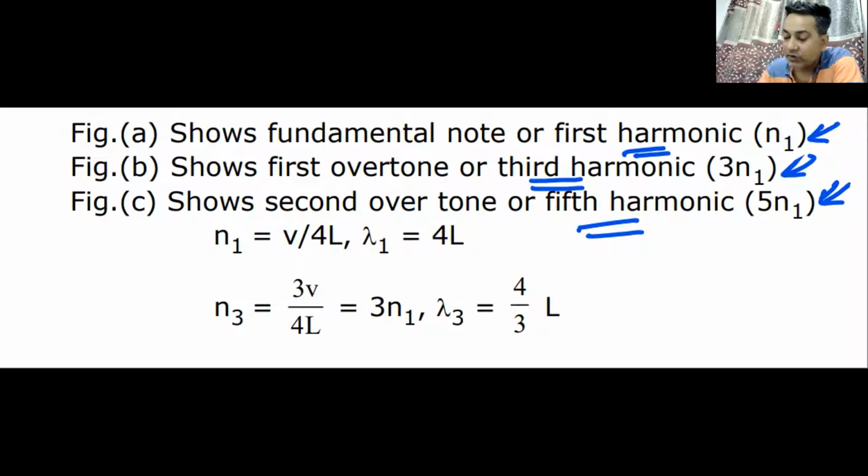How do you get the value of F1? F1 is V divided by lambda. V is equal to F lambda. So F1 is V divided by lambda. Lambda in that case was 4L. So F1 becomes V by 4L. So F3 becomes 3V by 4L.